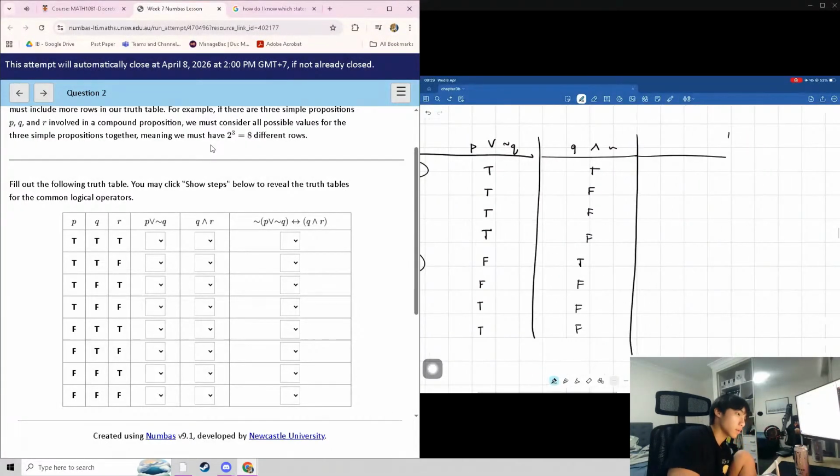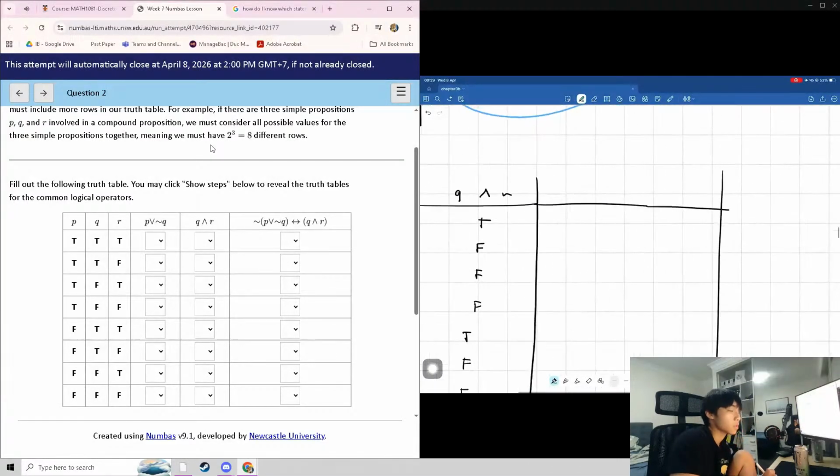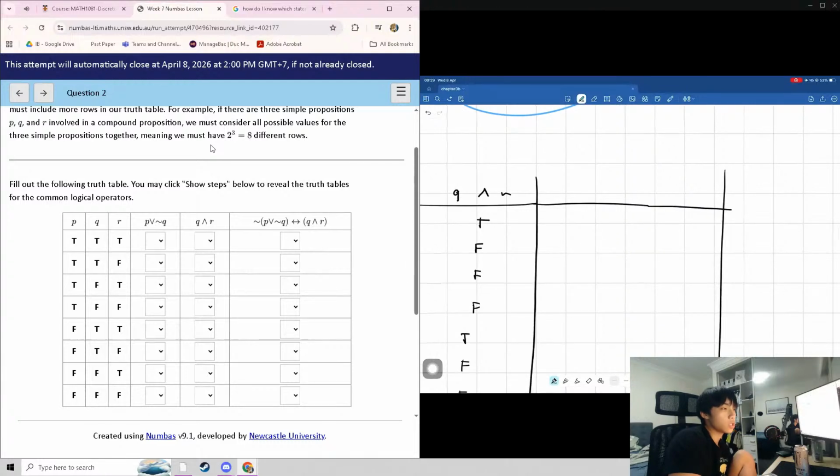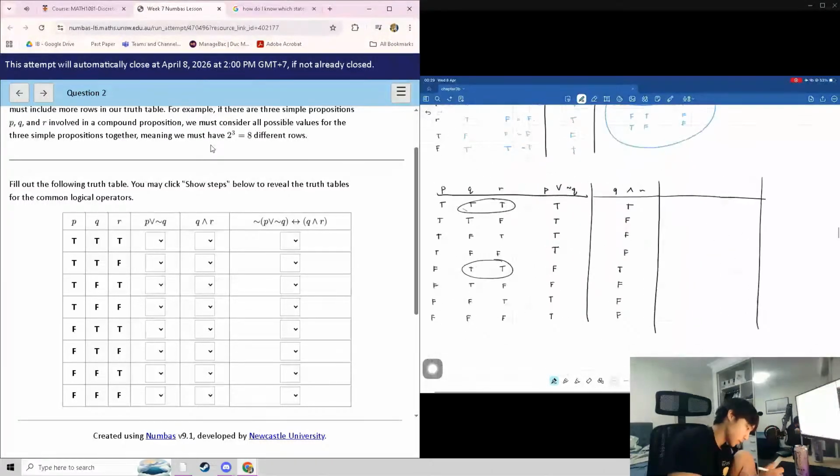And then this is the harder question about the negation of our stuff before, and so we can copy this over. Let's actually make it like this.